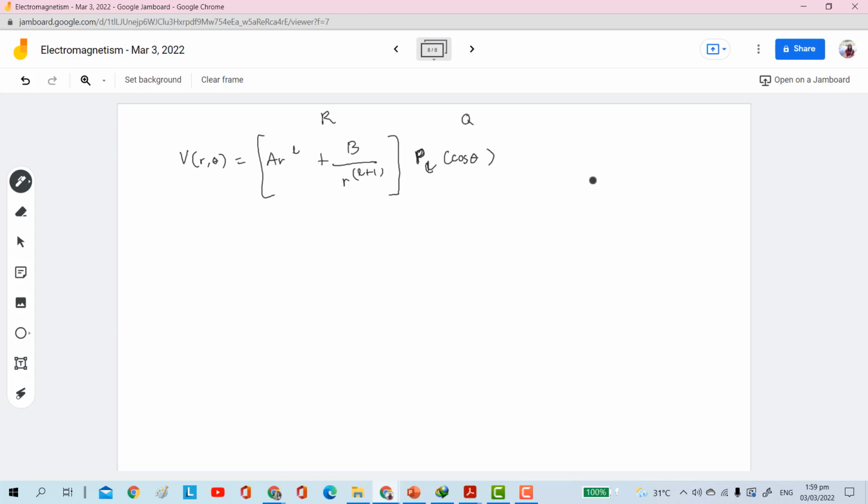So, daghan siyang possible na values. And since daghan siyang possible values, then we have to write a summation here where L is equal to 0 to infinity. So L can be 0 to infinity. So this is the general solution to the Laplace equation.